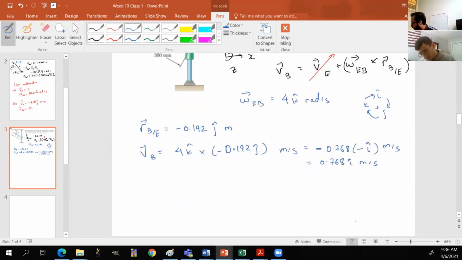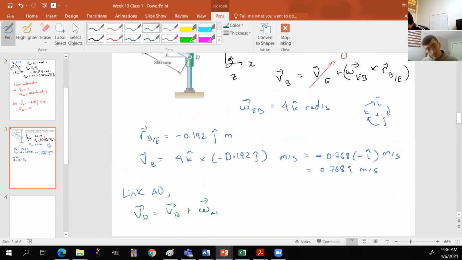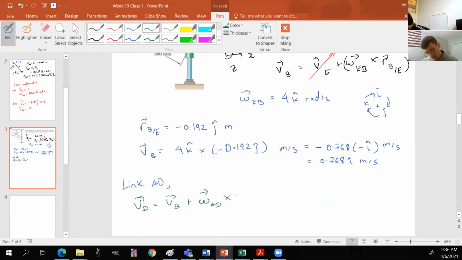So now what we can do is, when we're looking at this link AD, the other way to solve the problem, which I'm just quickly going to write out the expressions for you guys, is you can do VD is equal to VB plus omega AD crossed with R of B relative to D, right?